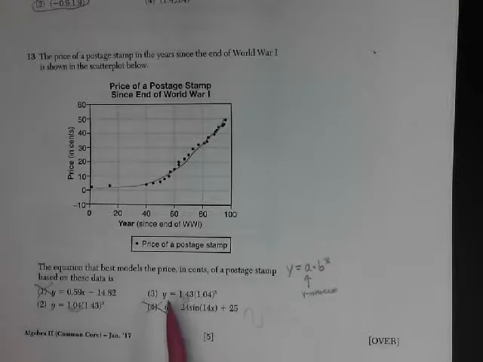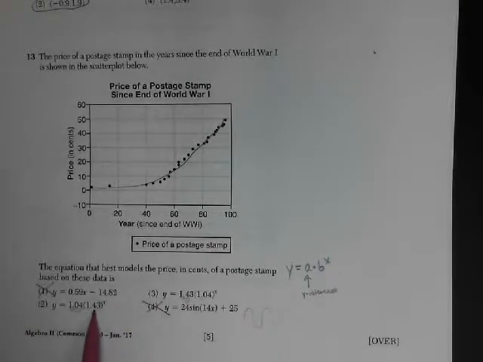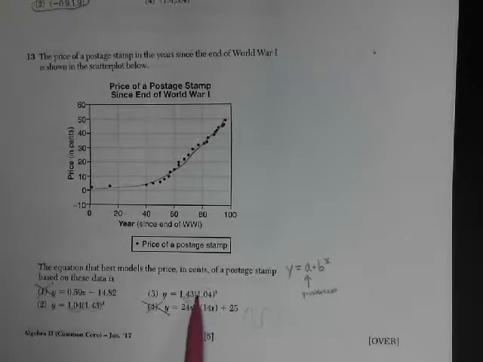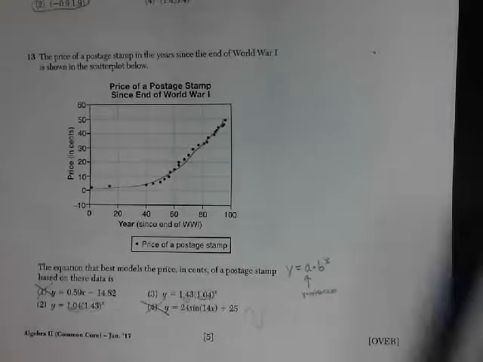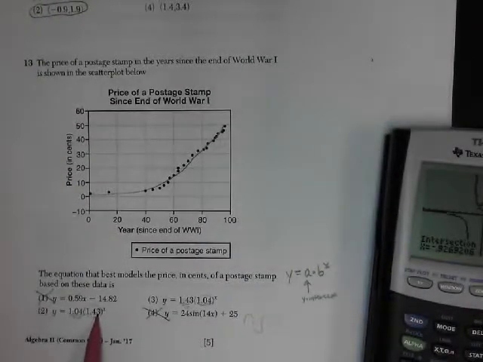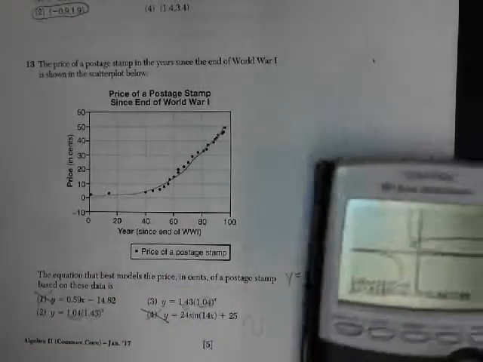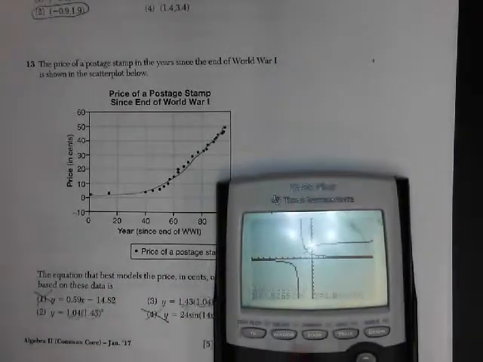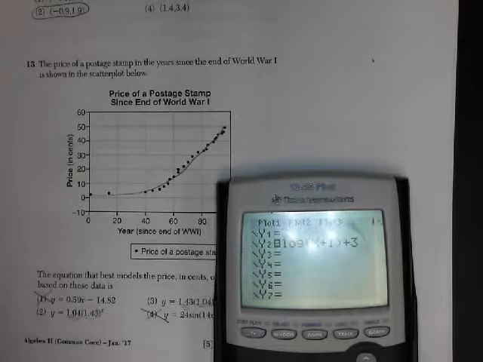And then our b is our multiplier. So this one indicates that it's increasing by 43% in price each year. And this one indicates that it's increasing by 4% in price each year. Well, I think that 43% growth year by year, as far as the price of a stamp, seems a little bit high. But I'm going to do this just to check.